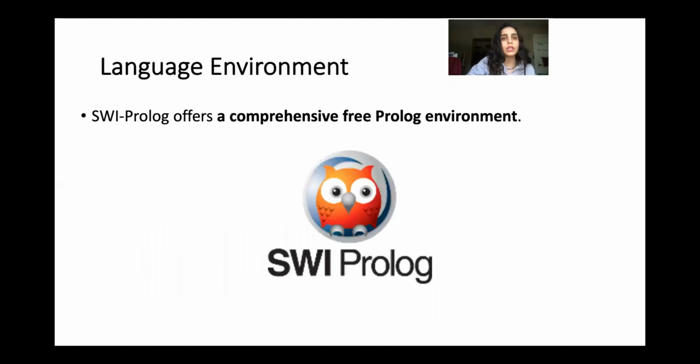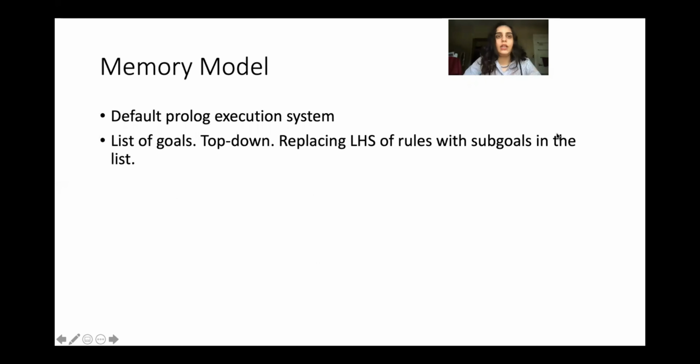Now the environment that Prolog uses is SWI-Prolog, a comprehensive free Prolog environment. Now the memory model of Prolog: this is the default program execution system, and it has to be supported by every Prolog executing system. It's basically a list of goals and it's top down.